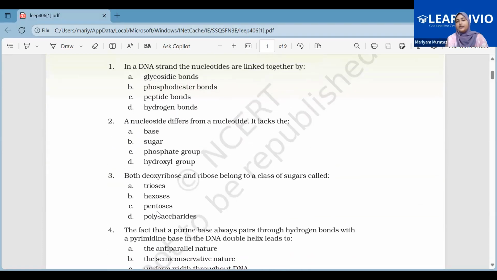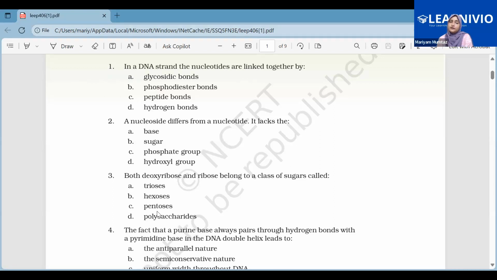In a DNA strand, the nucleotides are linked together by which bond? What is your answer? B. Phosphodiester bond. Okay. A nucleoside differs from a nucleotide. Why? Because the nucleoside lacks what?